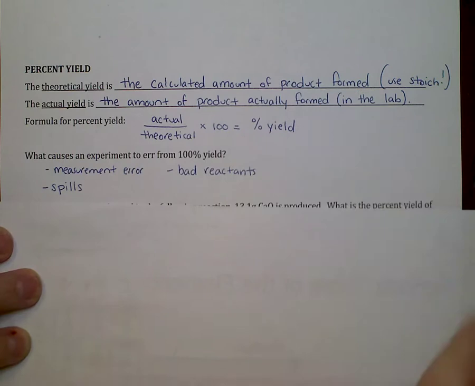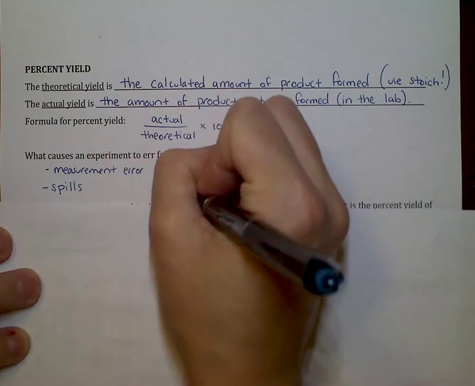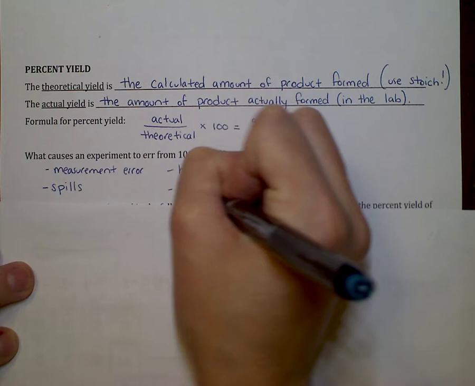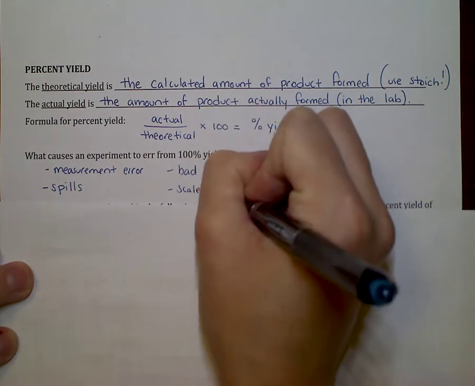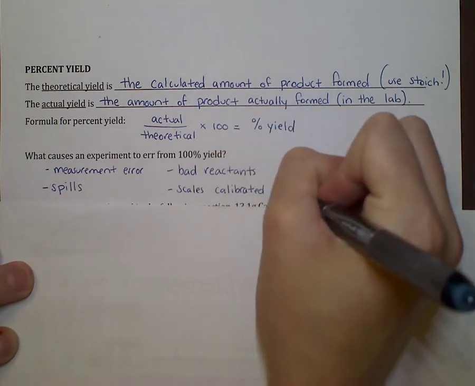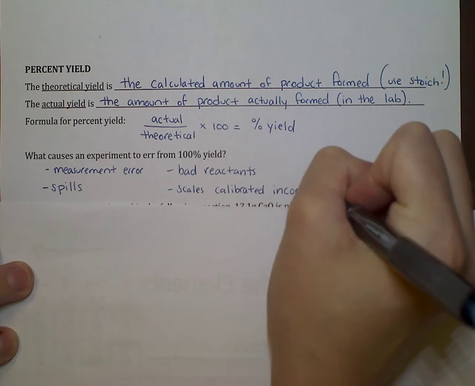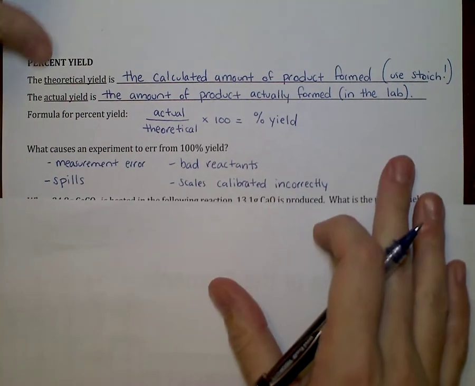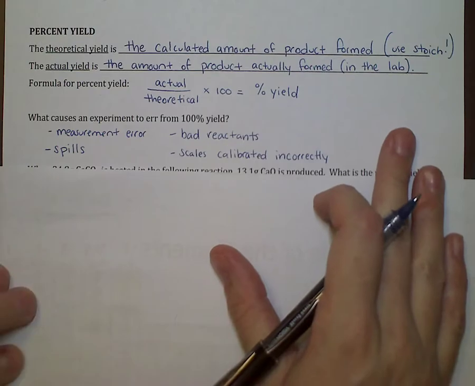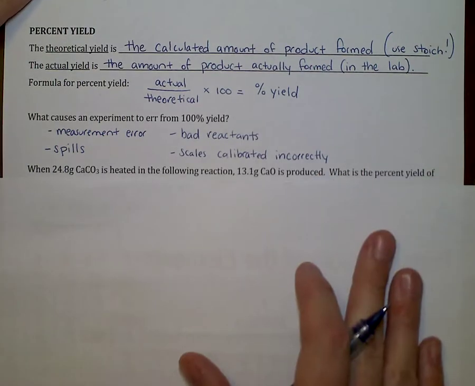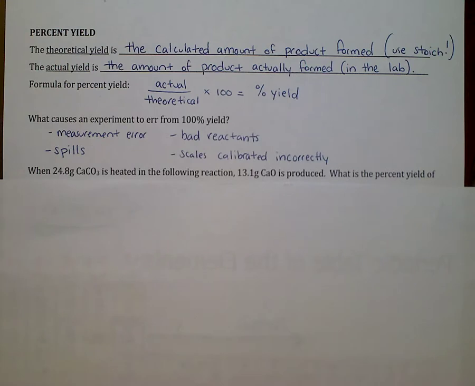You could also have scales that are not calibrated correctly. Lots of stuff. If you burn your things, that'll make oxygen from the air bond with your reactants, which is something you didn't anticipate happening. So let's take a look at an example, and you'll see what we mean.